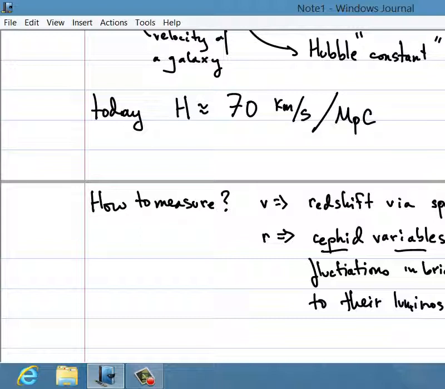So it just happens to be that these are a family of stars whose brightness changes in time, and the period of their oscillation in brightness is proportional to their overall luminosity. By determining their period, you can then determine their overall luminosity. And if you know exactly how luminous an object is, absolutely, and you can see it there on the sky, you can use that 1 over r squared law to determine how far away it is.